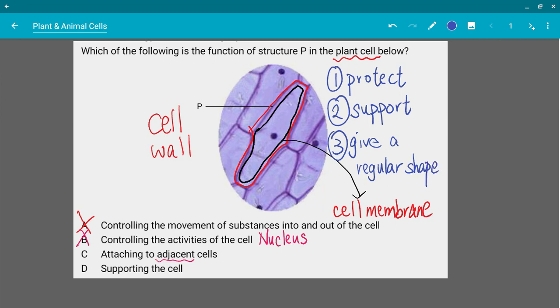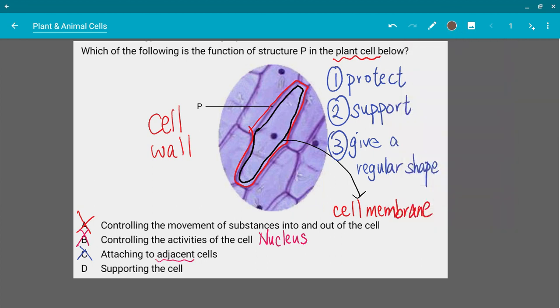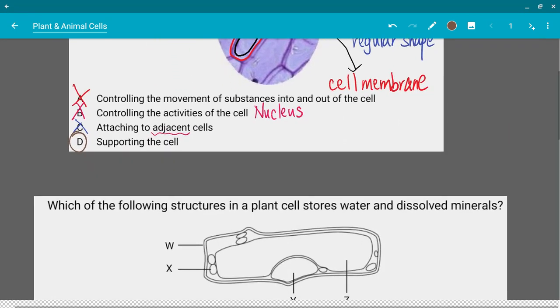So option C, again, it's not the right answer. And finally, option D, it says to support the cell, which is the right answer because it's the explanation over here. Okay, let's move on to our second question.